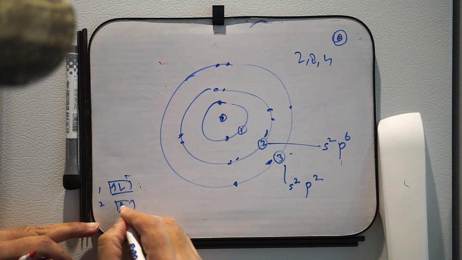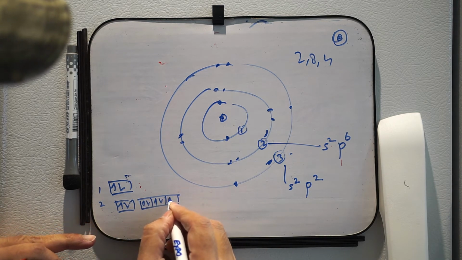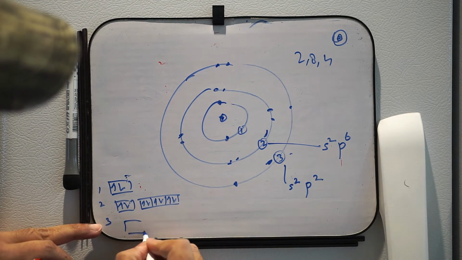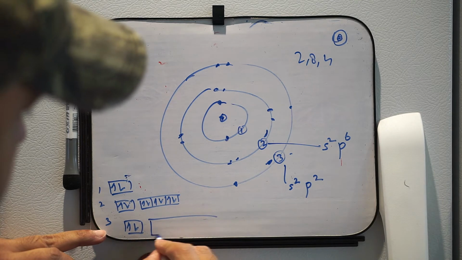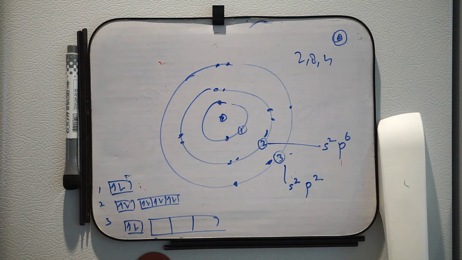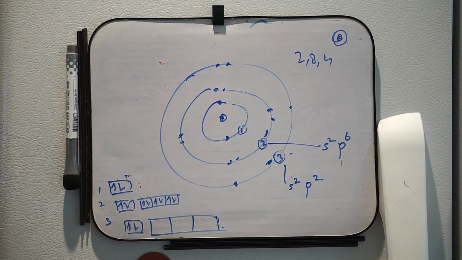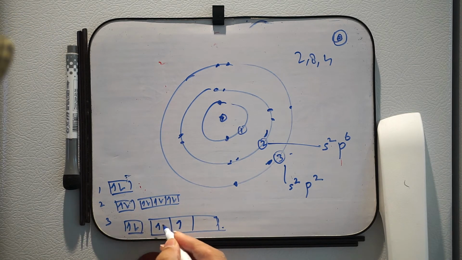It's got up, down, and it's completely full. Now this shell right here, shell 3, we've got the s orbital is stable, but there's only 2 electrons in the p. So the way we fill these orbitals is that they're first going to be half filled with the same polarity. It's not going to be up or down here. It's first going to fill one direction, then it's going to fill the next direction.